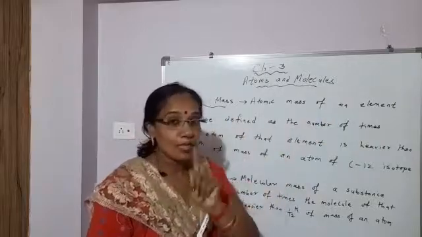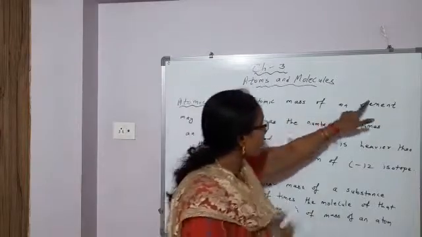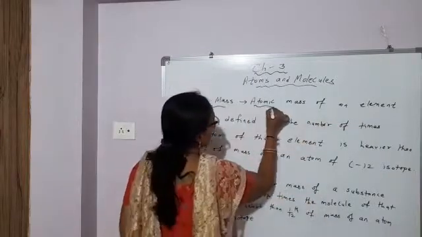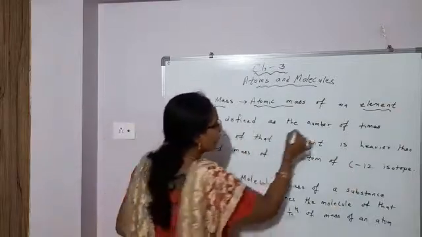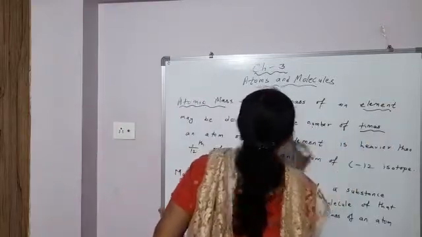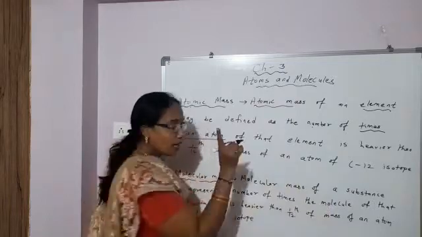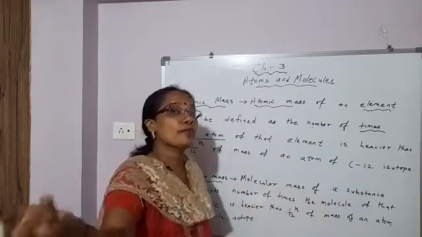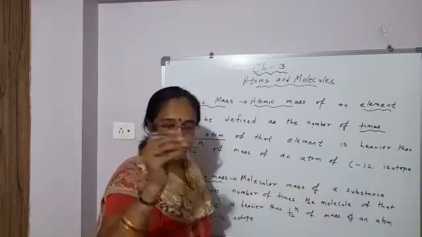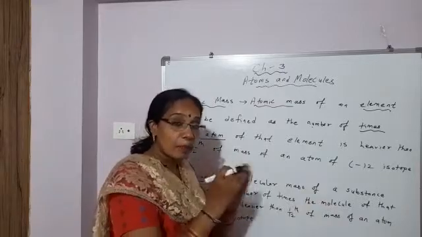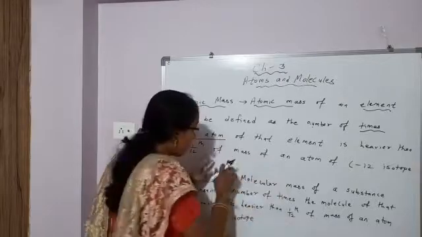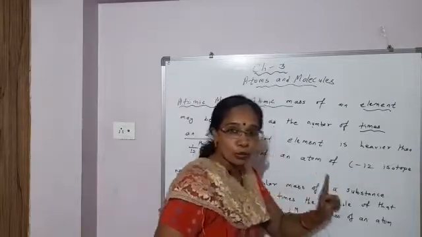So what is the atomic mass of an element? Atomic mass of an element may be defined as the number of times an atom, one atom of that element, may be oxygen. If you are going to find out the atomic mass of oxygen, we will compare it with the mass of carbon 12 isotope.